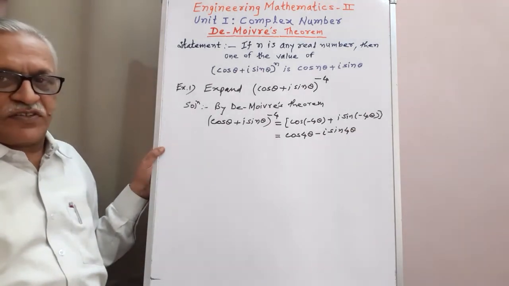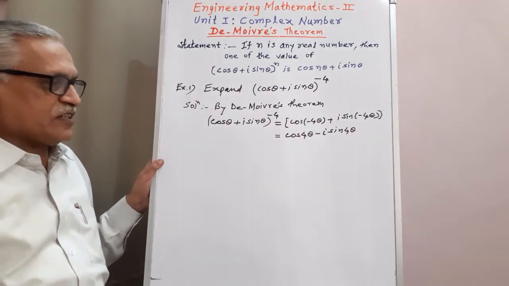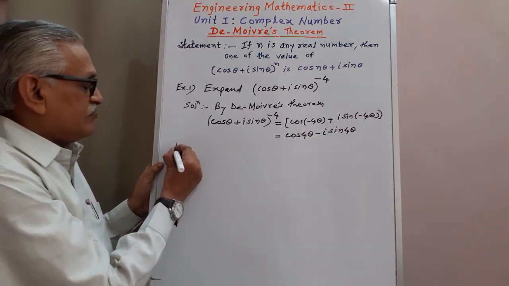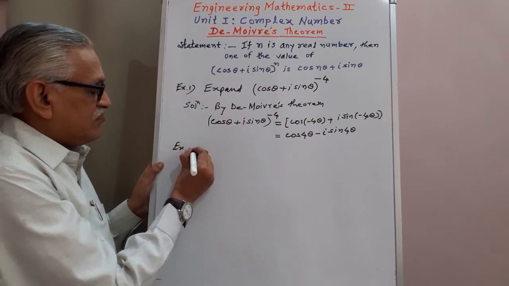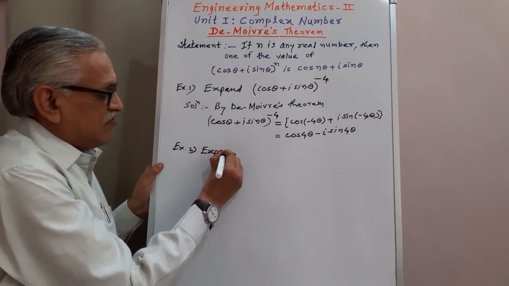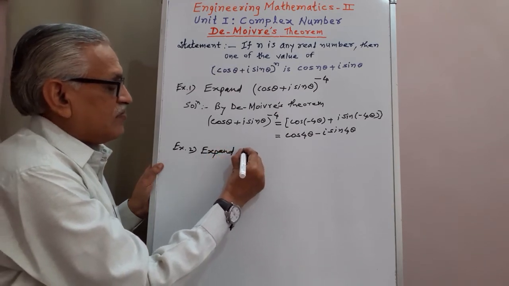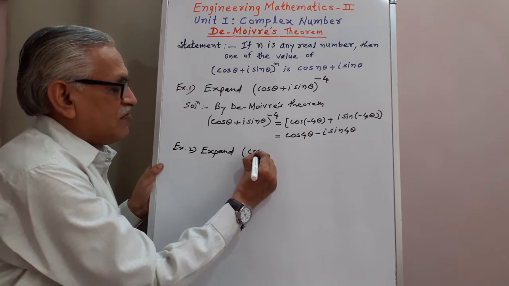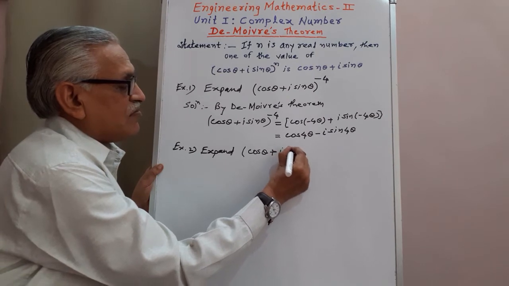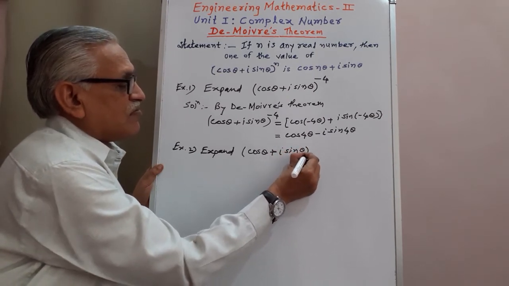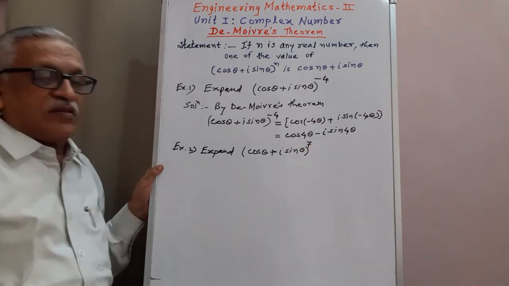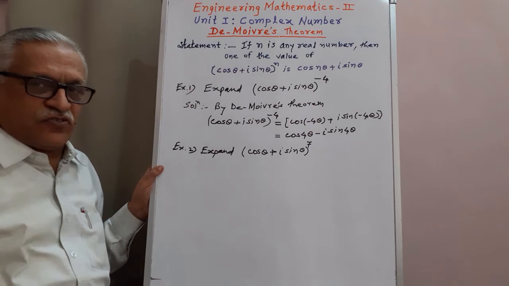That is the required expansion by applying De Moivre's theorem. Second example. Expand (cos theta plus i sin theta) raised to 7.